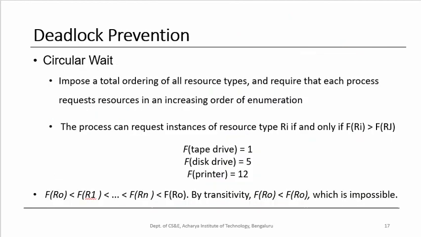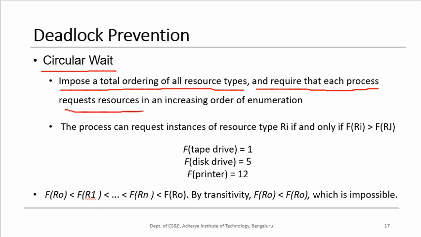Okay, the last condition which could lead to deadlock is circular wait. Now we'll have to look at whether there is any way of ensuring that this circular wait never occurs. This is possible if we can impose a total ordering of all resource types, and make sure that when a process requests a resource, it requests resources in an increasing order of enumeration.